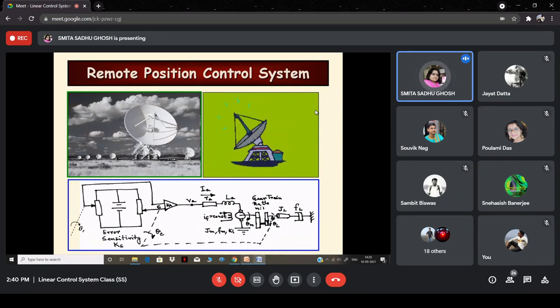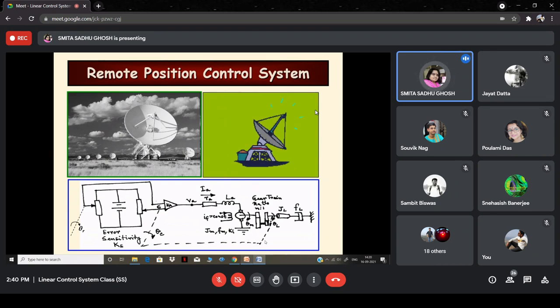Also, there is a mechanical coupling shown by the dotted line of the load shaft with the input side, meaning the potentiometric error detector, which I already mentioned earlier. So in short, those are the components you see: the potentiometric error detector, the amplifier, DC servo motor, gear unit, and the load unit, and of course the mechanical feedback, right?